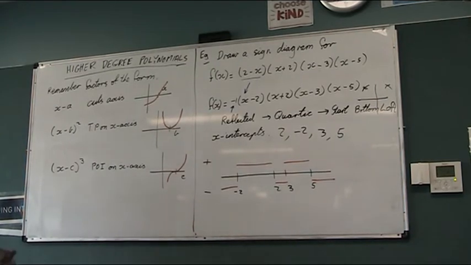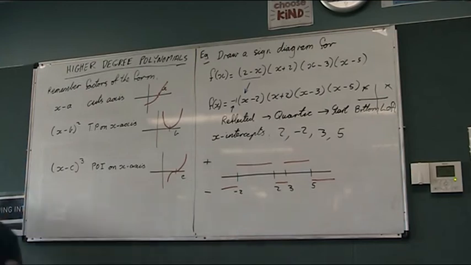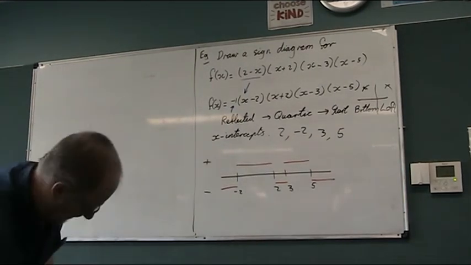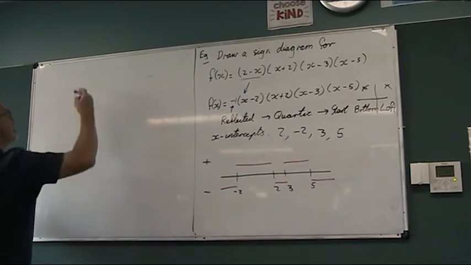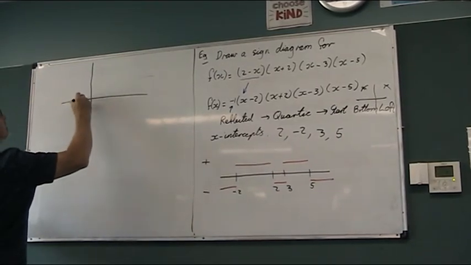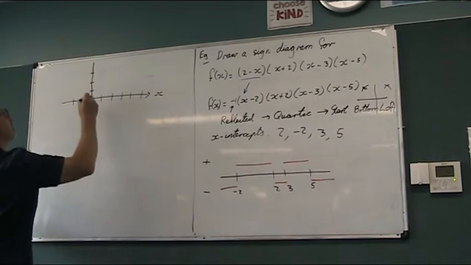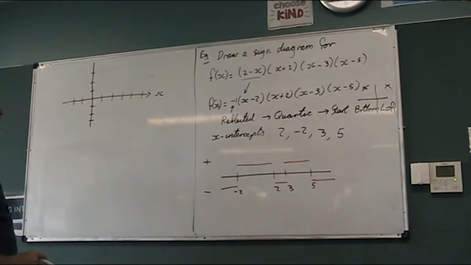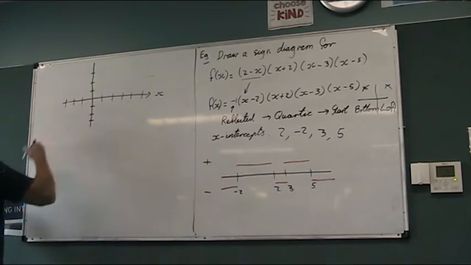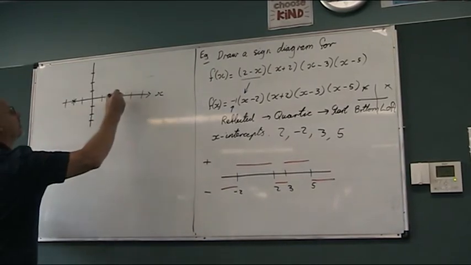How would I draw that as a graph? So if we wanted to draw that as a graph, we'll have x-intercepts at -2, 2, 3 and 5.